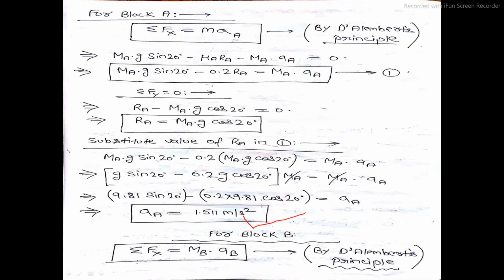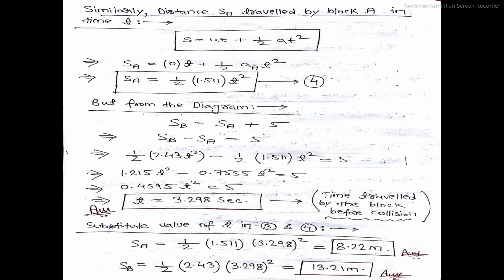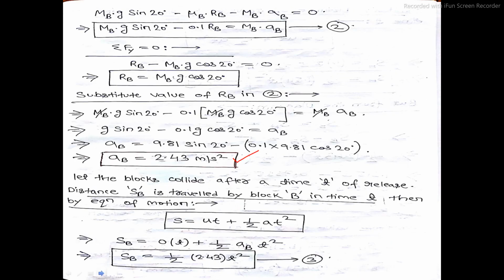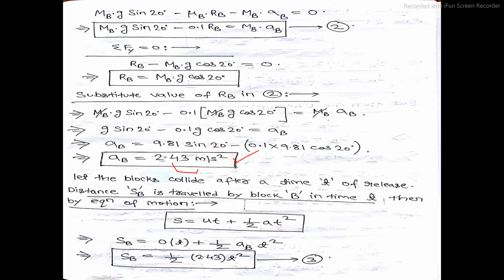We will get SB is equal to half into AB, and AB is 2.43 meter per second square. So half into, in bracket, 2.43 into T square. Let this be equation number 3.